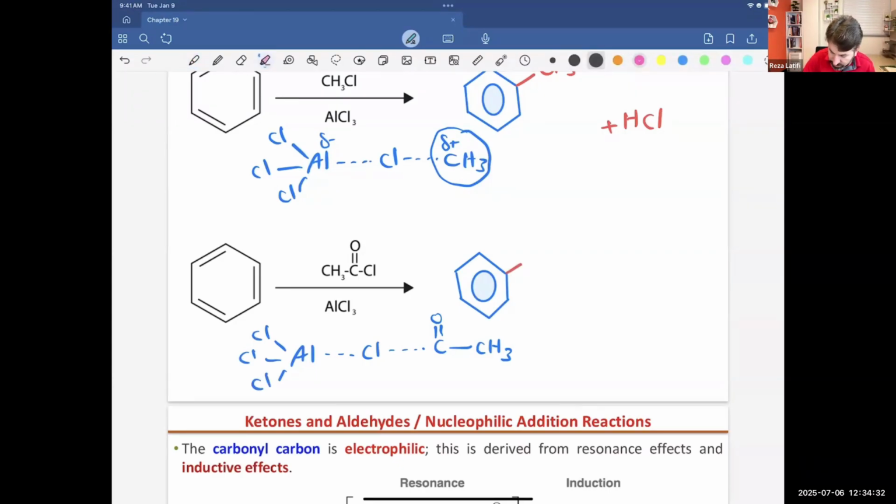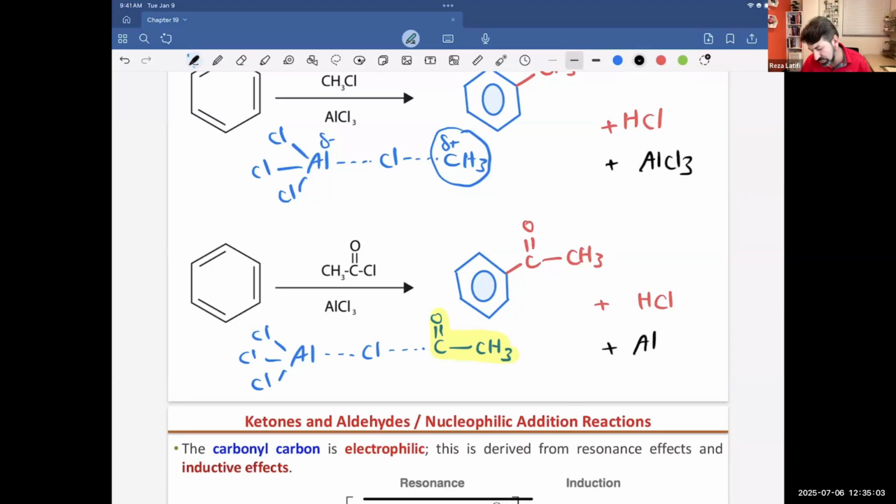Forgive me. That's going to give us a carbonyl attached to the benzene ring. And what will happen to the chloride? Again, it will react with hydrogen and give us hydrochloric acid. Of course, in both cases, we regain the aluminum chloride, the Lewis acid, at the end.